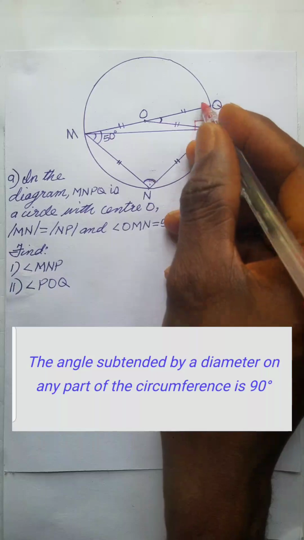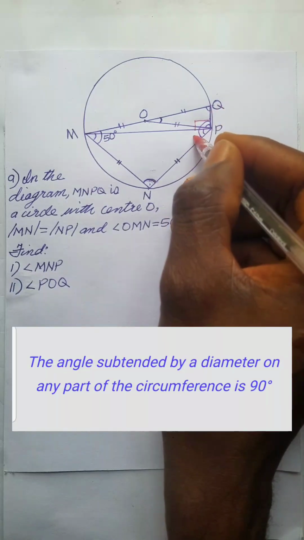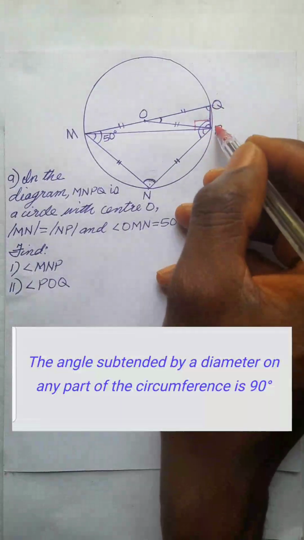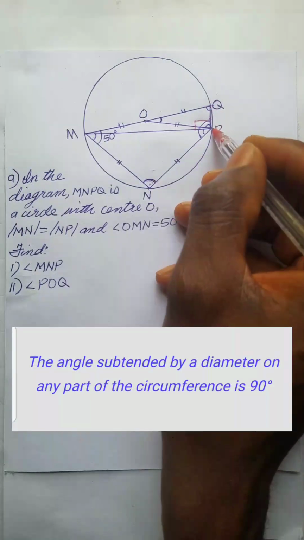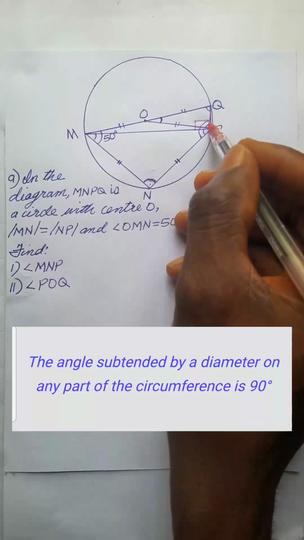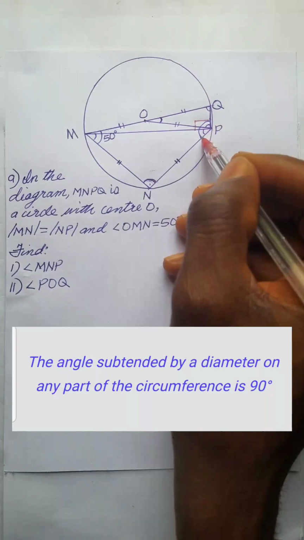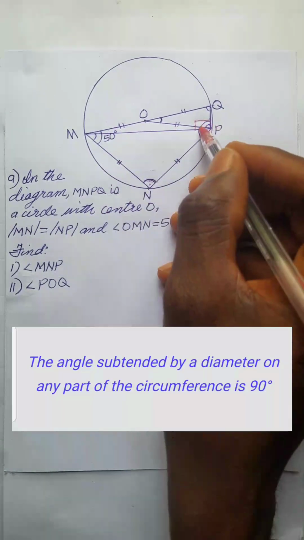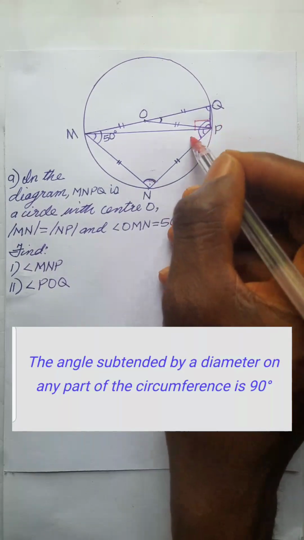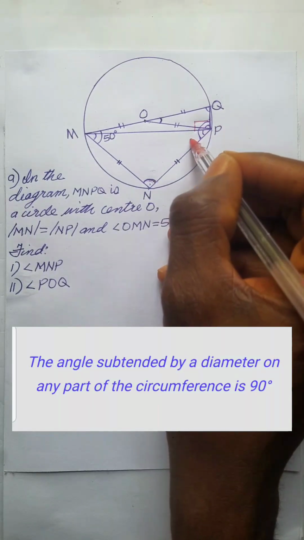If I subtract 90 from this entire place, I'll be left with this. That's how I'm going to get my answer. I'm going to repeat that. Angle subtended by a diameter is 90. And this entire place, I can get it: 50 plus this entire place is 180, then I subtract to get this entire place. And this entire place minus 90 will be my answer. I'll be left with this place.